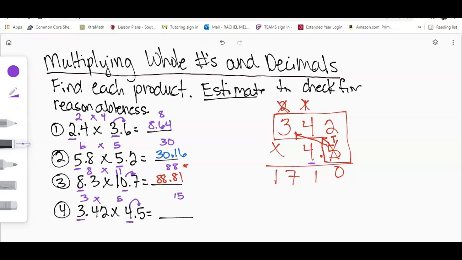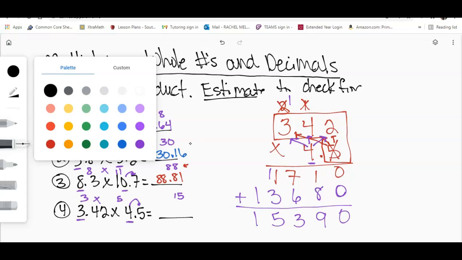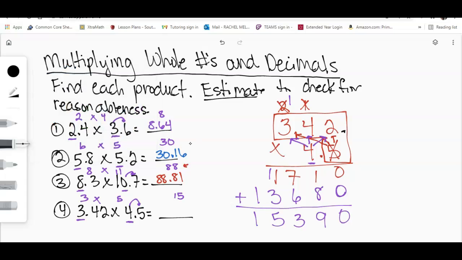So this 4 is really a 40. 4 times 2 is 8. 4 times 4 is 16. 4 times 3 is 12, plus 1 is 13. Add them together. Okay, now I need to deal with my decimals.